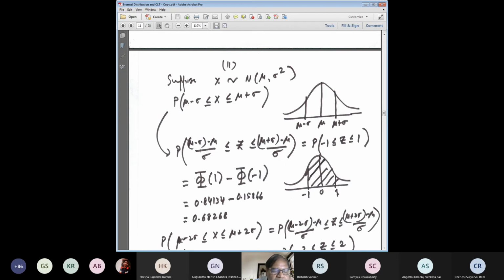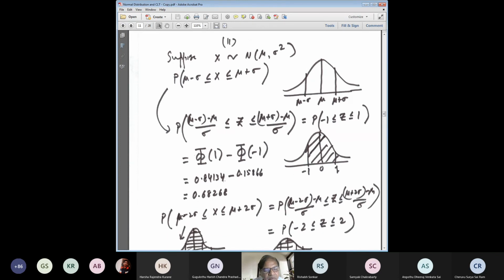So here I have mu minus sigma minus mu by sigma, and this automatically becomes z. You need not write it always: whenever you subtract mu and divide by the standard deviation, it becomes the standard normal. So I have directly written z, and then mu plus sigma minus mu by sigma. If you simplify this, you get -1 to 1, these 2 points.